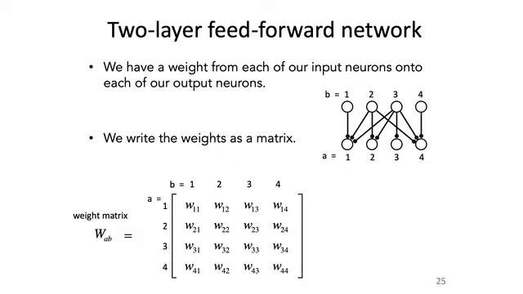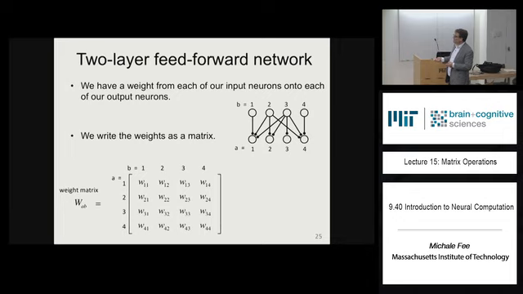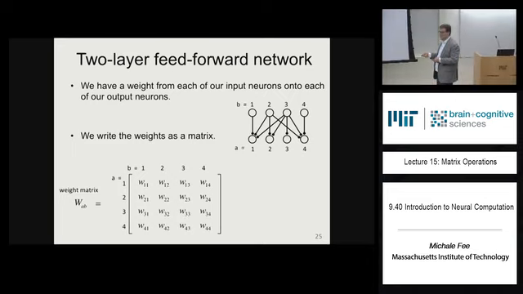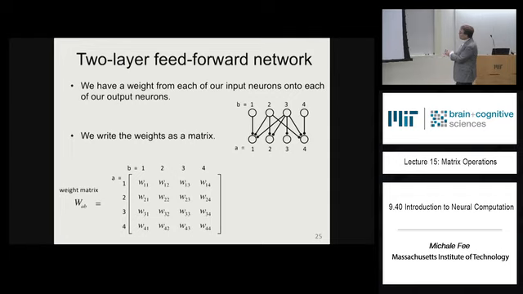Remember, for a matrix, the elements are listed as W sub A, B, where A is the output neuron and B is the input neuron. So it's W postsynaptic, presynaptic, post-pre. Rows, columns. So the rows are the different output neurons, the columns are the different input neurons.